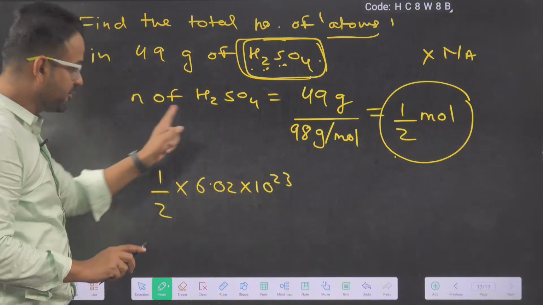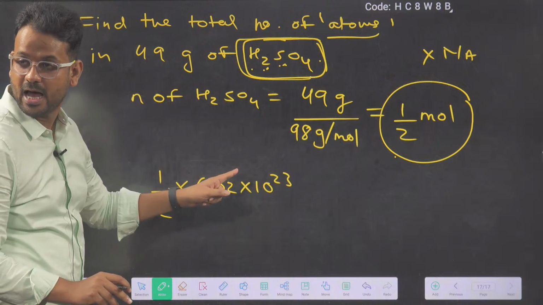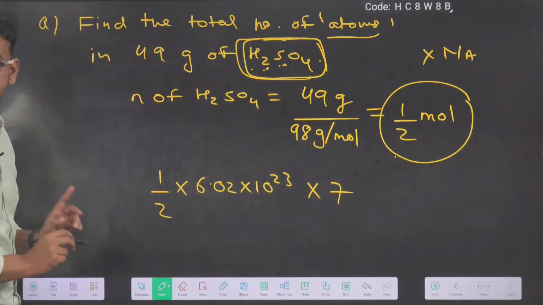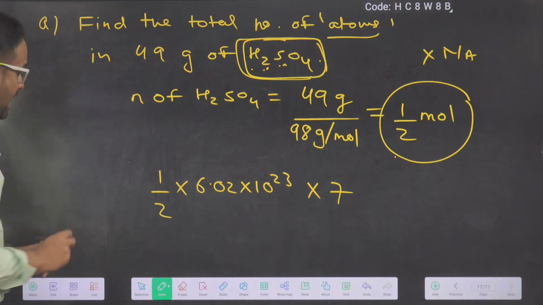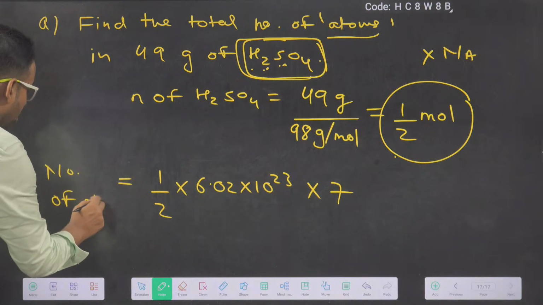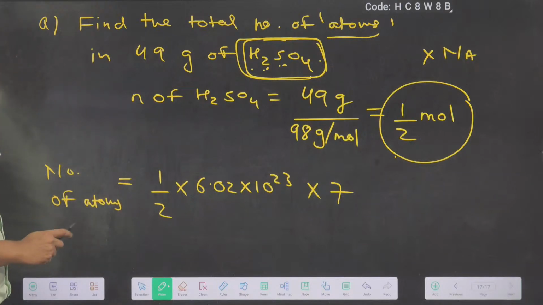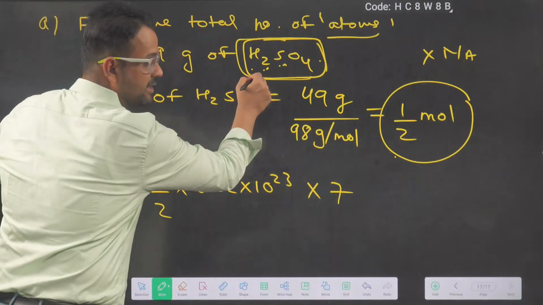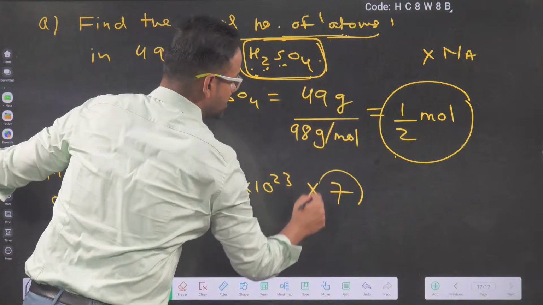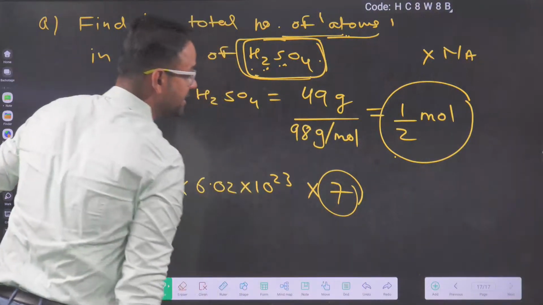So this many sulfuric acid molecules will have into 7, and that will be your number of atoms. So the moral of the story is, whenever a molecule is given and the number of atoms is asked, always multiply by atomicity.